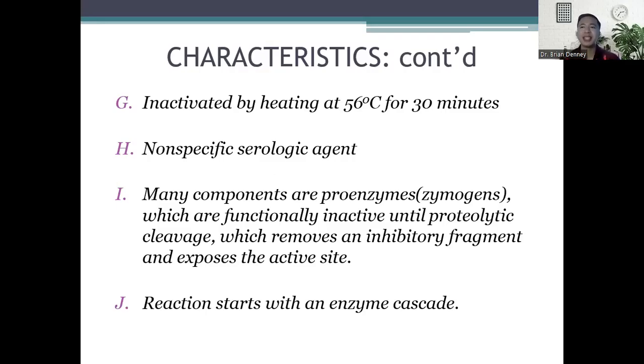All right, let me explain that again. Why non-specific? It's because remember, you have specific and non-specific components of your immune system. Specific means they are targeted, directed to a certain antigen.